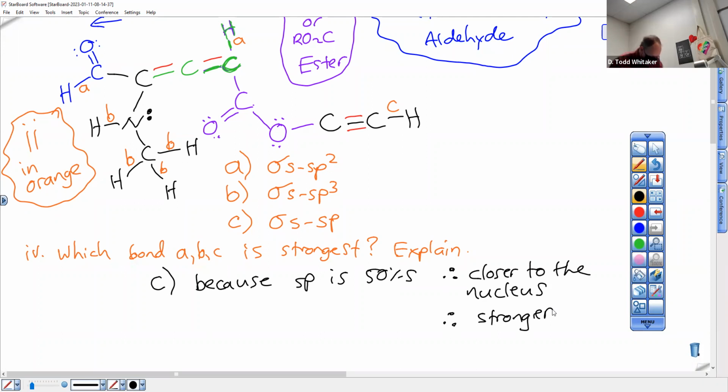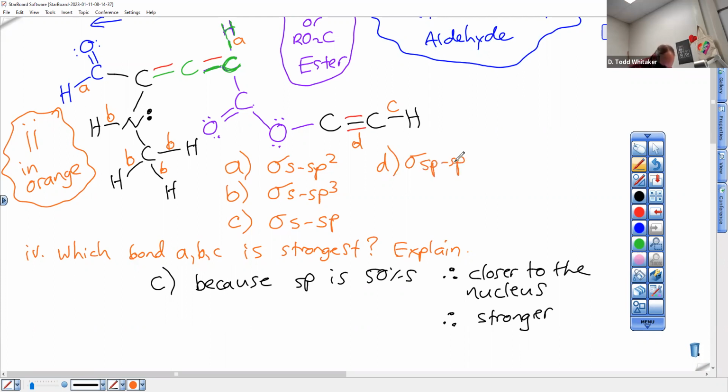All right, carrying on with our labeling now. Just go left to right, finish it off, or right to left. Let's go right to left there. D. So D is sigma because it's the first bond. And the hybridization of each carbon is the same, right? What are they? sp-sp.